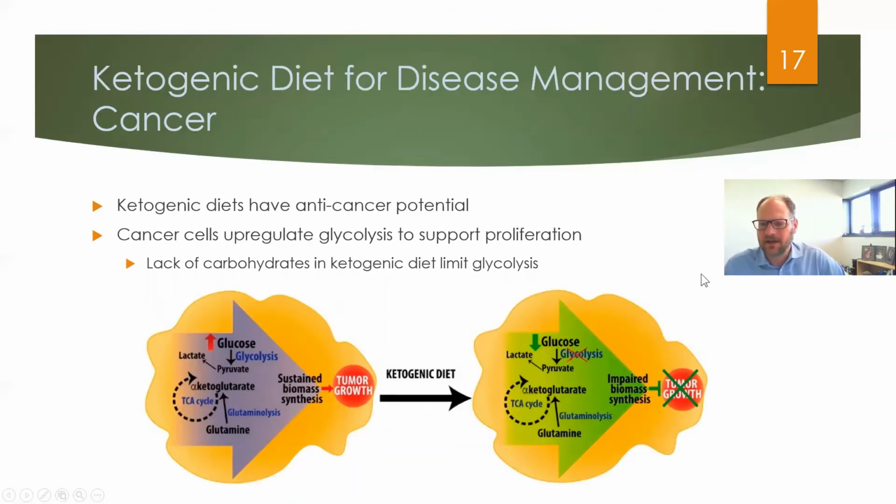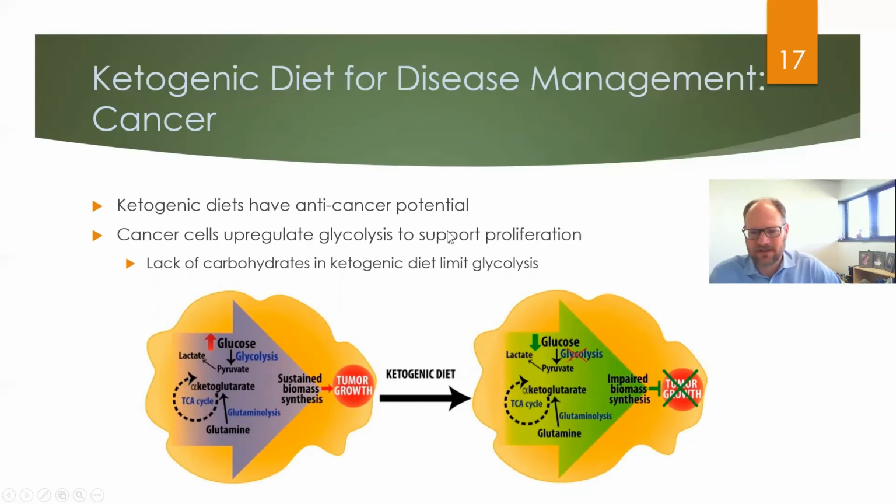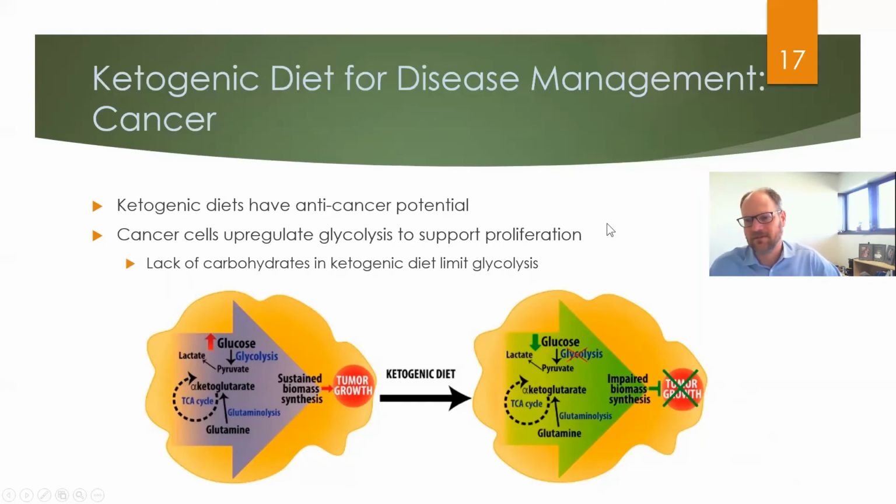Another emerging body of literature seems to suggest that the ketogenic diet may also be helpful in cancer therapy. This is again an emerging theory that hasn't been well proven out yet. But the idea is that tumors are highly reliant on glucose metabolism, or they really like to use glucose metabolism when they can, and that by starving cells of glucose early on, it helps prevent them from growing and spreading.